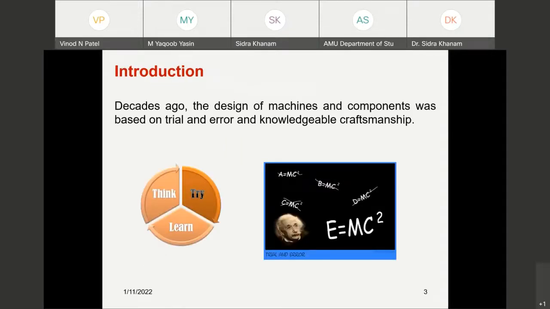As you know, decades ago the design of machines and components was based on the trial and error method. People were doing trial and error based on knowledgeable craftsmanship. They would just try something, run it, and learn from that whether it is working well or not, whether it is reliable or not, and again make some correction and go back to a new solution.